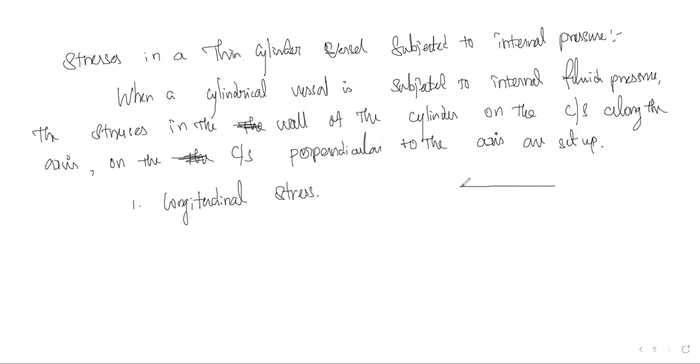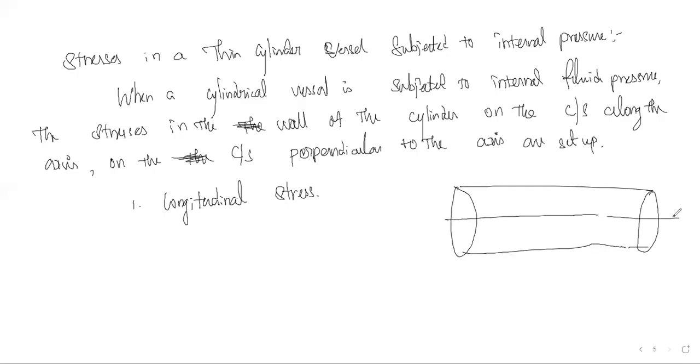So if this is the cylindrical section, the longitudinal stress will be developed along this. And the next one is circumferential stress or hoop stress.